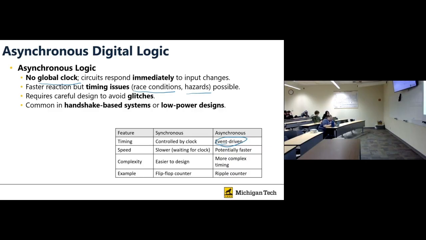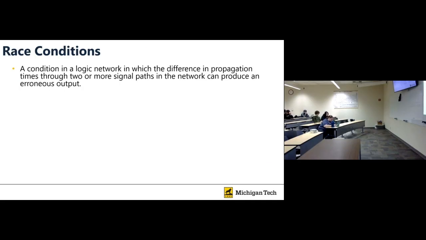Here I compared these two in this table. Speed is faster, and complexity is very high. An example is the ripple counter, or the ripple effect that you had in the multi-bit adder. We call it the ripple effect. So this is asynchronous digital logic.